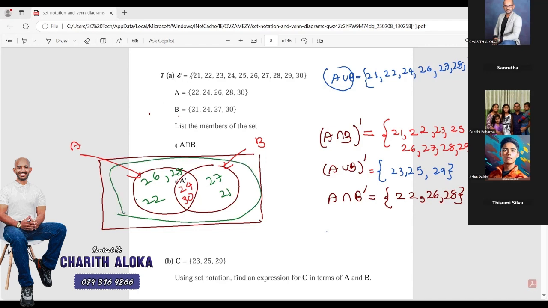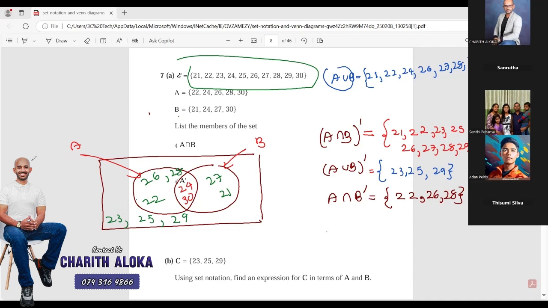And the remaining region we have to include, son. The other remaining elements we can put outside the circles. What are these? 23, 25, 29. That is A union B complement.